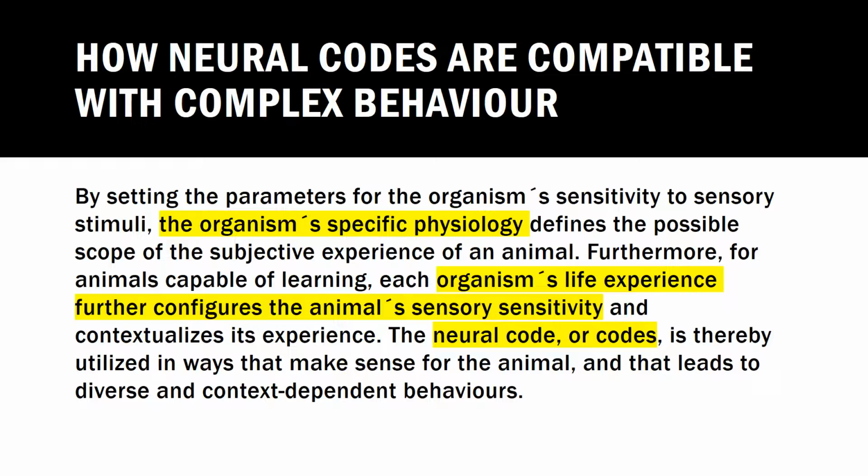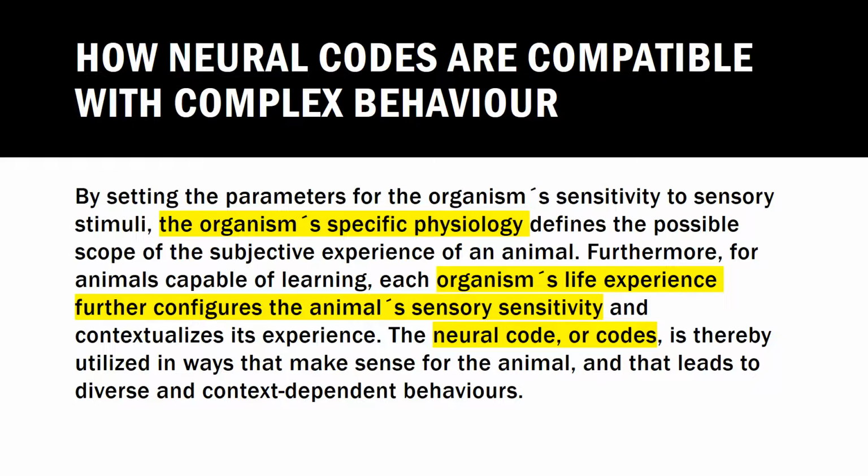And I think one way to integrate some of these modern themes with umwelt theory is to focus on how specific organisms and species are constrained by their specific physiology, which defines the possible scope of their subjective experience.